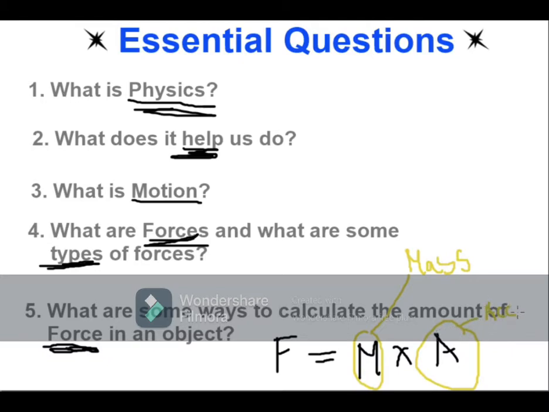It can be due to gravity or it can be anywhere. Then you get the amount of force, which is measured in newtons, named after the person who learned more about physics and started to discover the acceleration due to gravity, who was Isaac Newton.